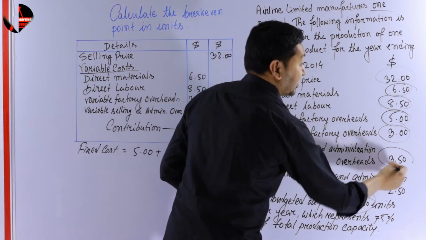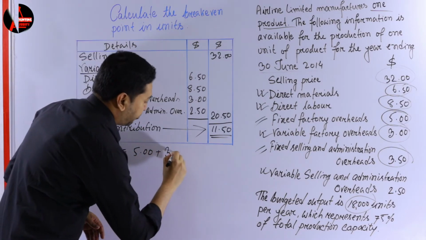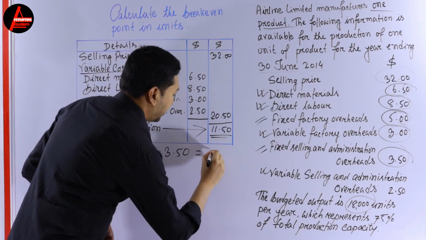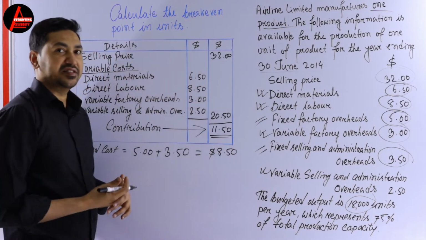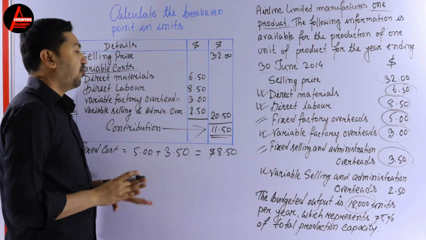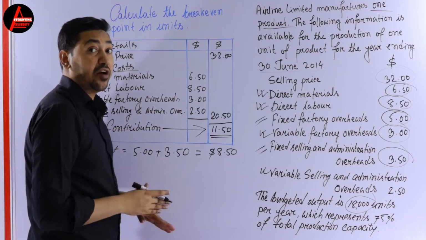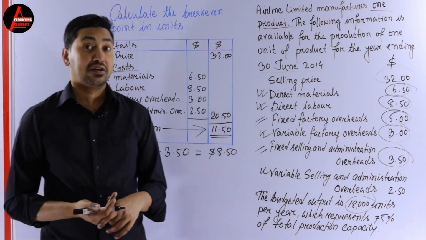One is here $3.50. So right here $3.50. So if we add them, it is $8.50. So what we did, we have calculated the contribution, we have calculated the total value of fixed cost.